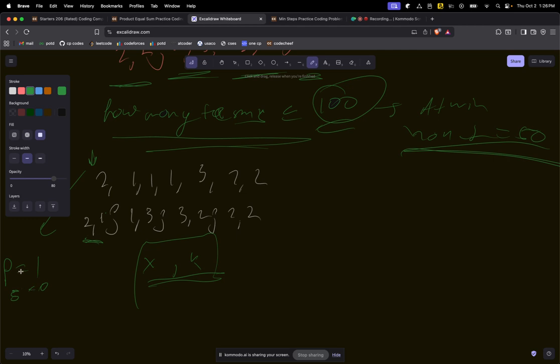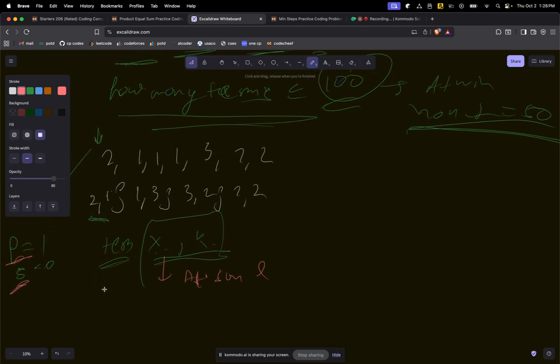So when would this be equal? I have this term and X occurs K times in the compressed array, and I have this product beforehand, sum beforehand. Let's say at some point, at some L, these two become equal. So what would be my product now?